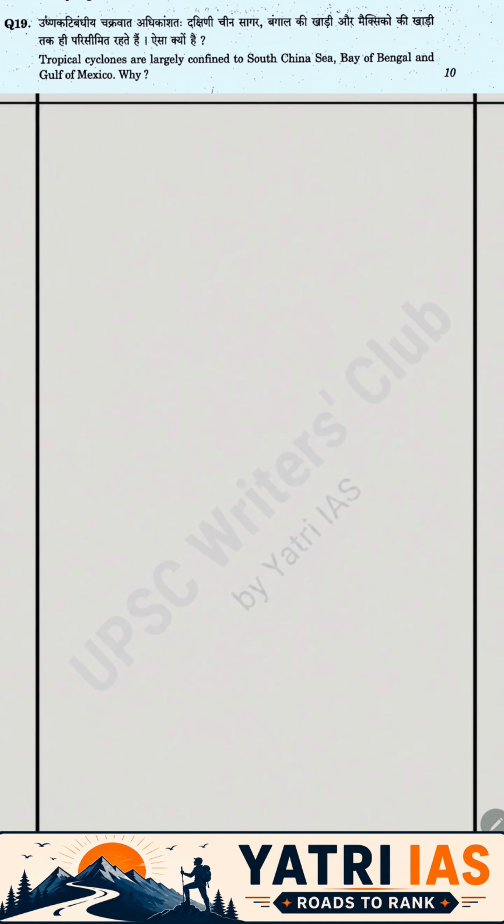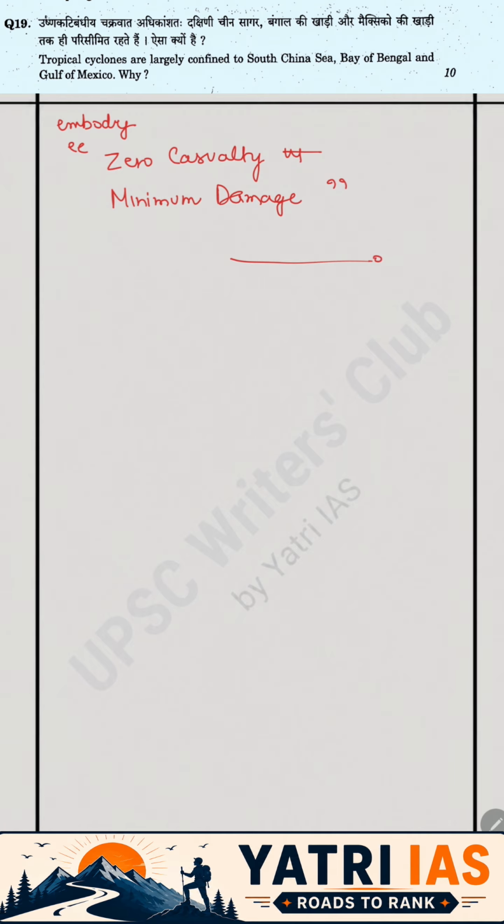And in the end, you could mention a vision. We need to embody the vision of zero casualty and minimum damage. So that is how you could end your answer on a very relevant conclusion.